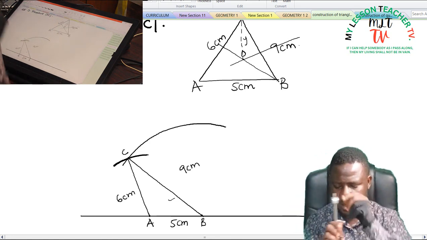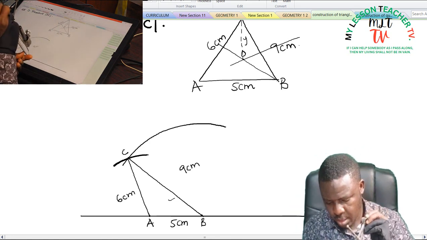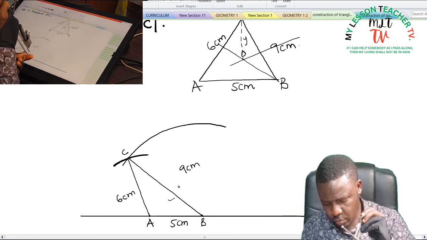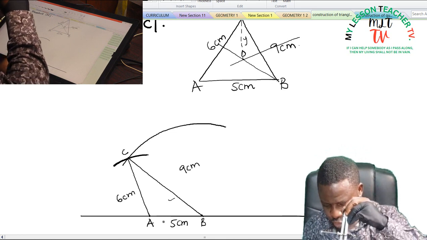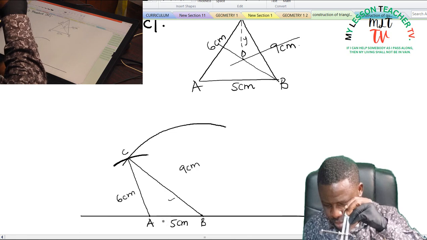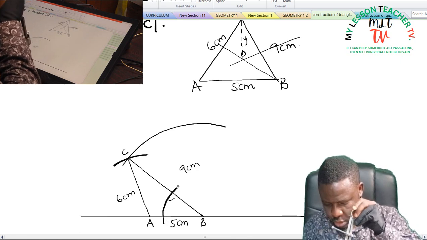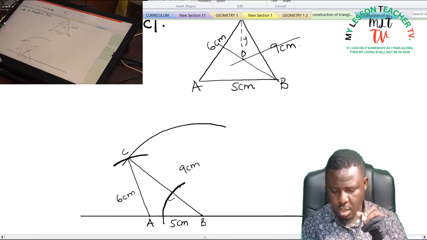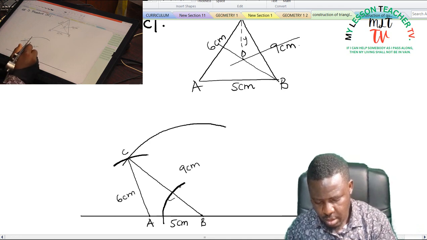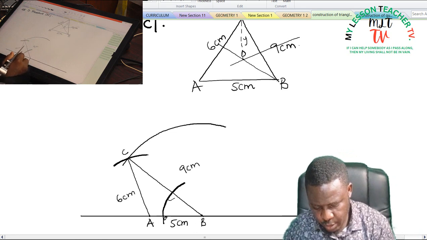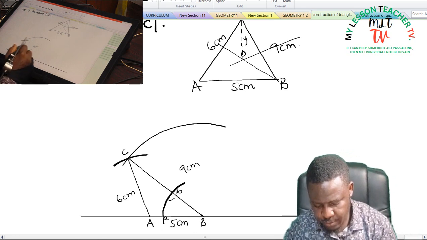So with B as center and with any suitable radius, you construct an arc to cut AB and BC. You call this point A and call this point B.